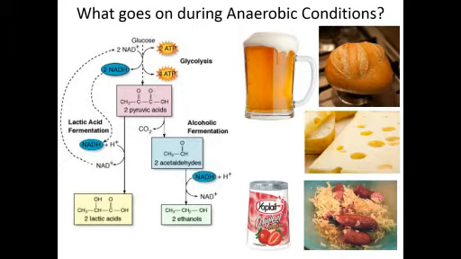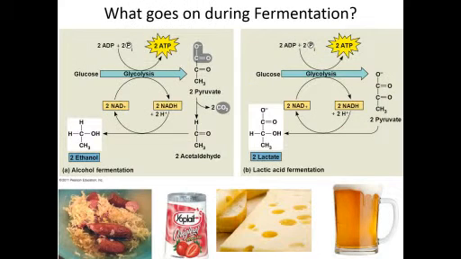We're going to mainly talk about two types of fermentation: alcohol fermentation and lactic acid fermentation. Here you have alcohol fermentation to begin with. That's what we'll start with. You have glucose. Through glycolysis, you produce pyruvate. Now this pyruvate is then converted into acetaldehyde.